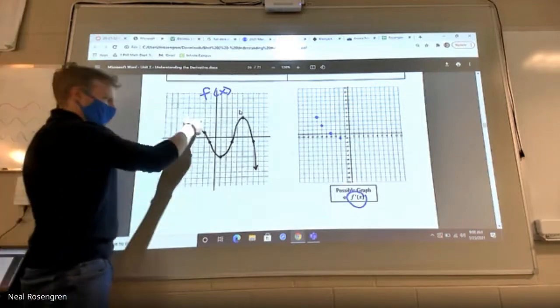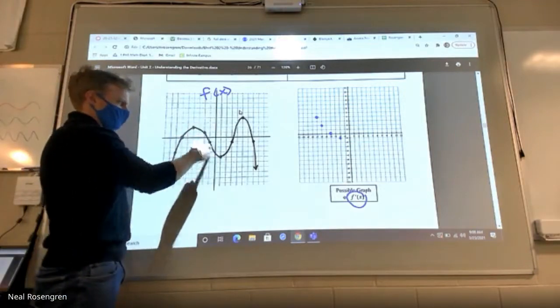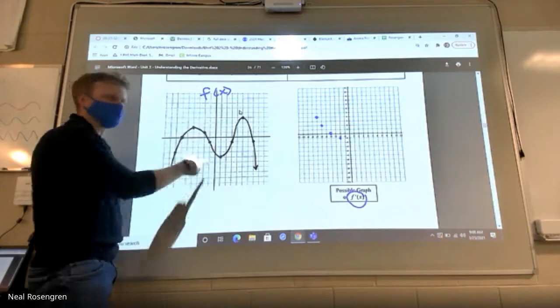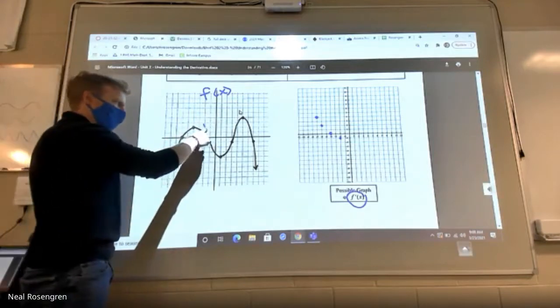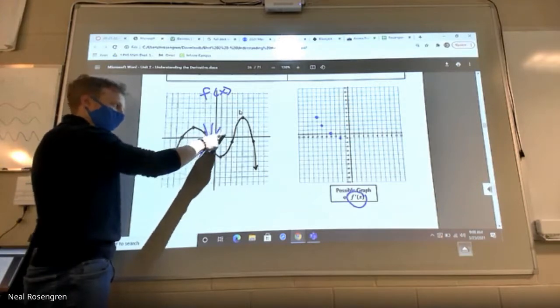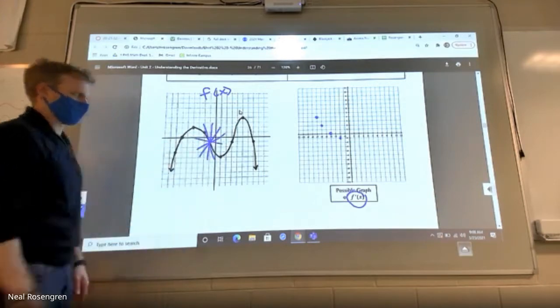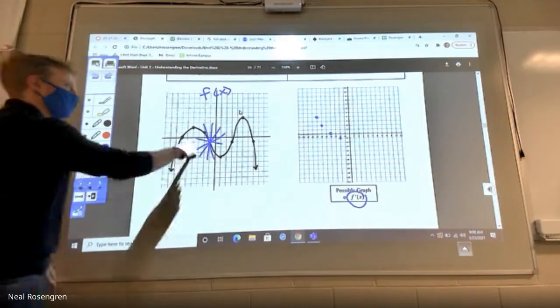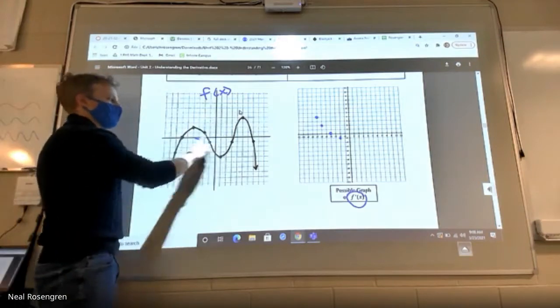Okay, what about at -1? Now this is hard to draw the tangent line because there's actually a lot of tangent lines, I think. There's a lot of lines that I can draw that only hit the graph once in the nearby space, right? But only one of those can actually represent the derivative.